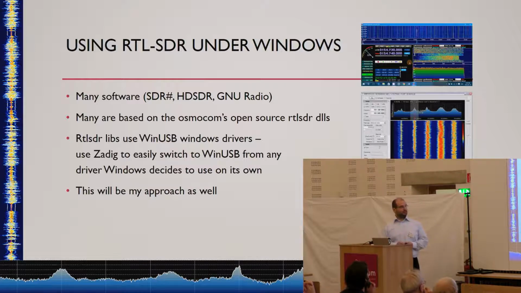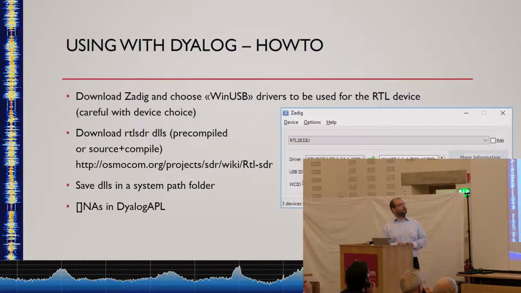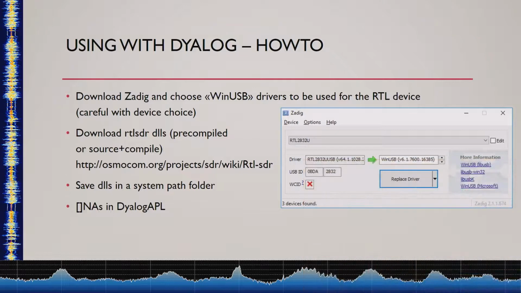So I will be using those libraries to connect to this device from the Dyalog. And connecting it is very easy. The only thing you have to pay attention to is the driver that Windows associates by default to the device. That's usually not the one you want. That's the screenshot on my computer when I first connected the device.